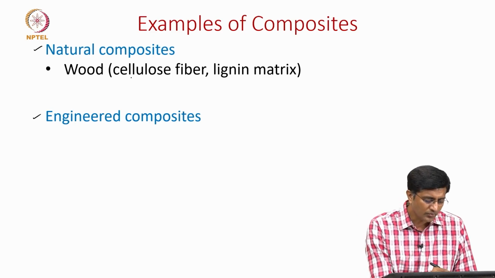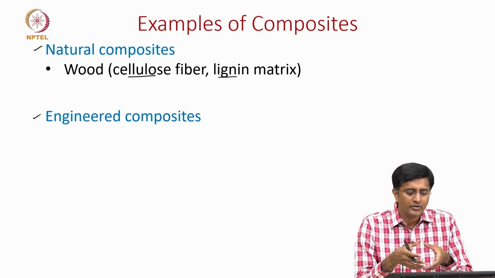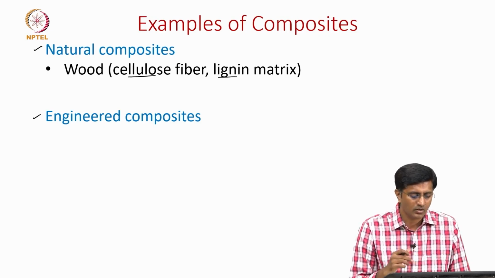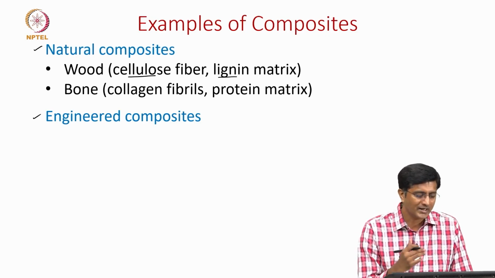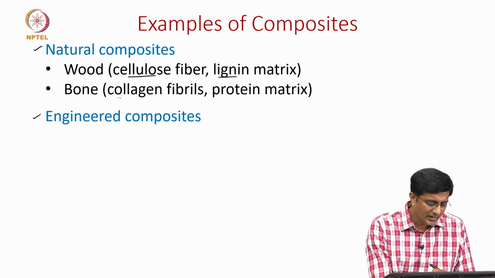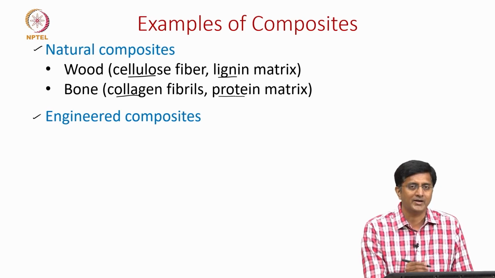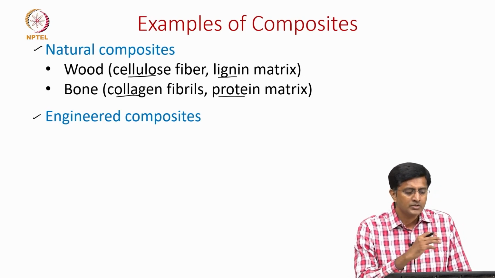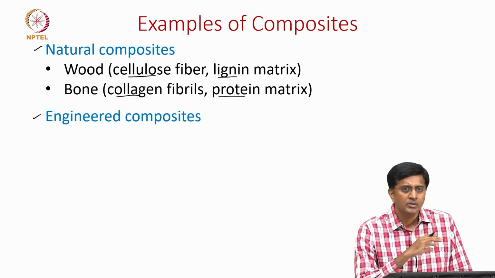It is composed of cellulose fibers and a lignin matrix, meaning cellulose fibers are bonded together using this matrix material called lignin. Similarly, bone is one more natural composite, where collagen fibrils are bonded using a protein matrix. So natural composites we have been using for various purposes, sometimes for structural purposes as well.